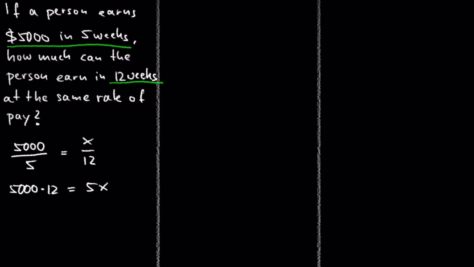And after dividing by 5 on both sides, we get x equals 1,000 times 12, which is 12,000. So the answer is the person can earn $12,000 in 12 weeks.